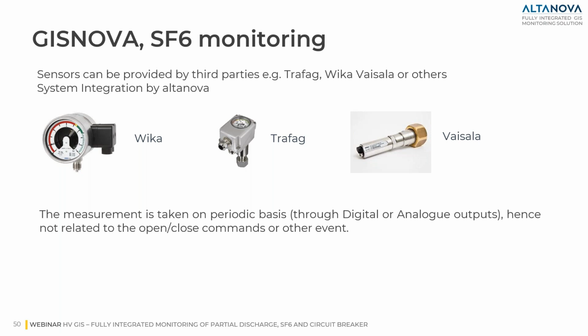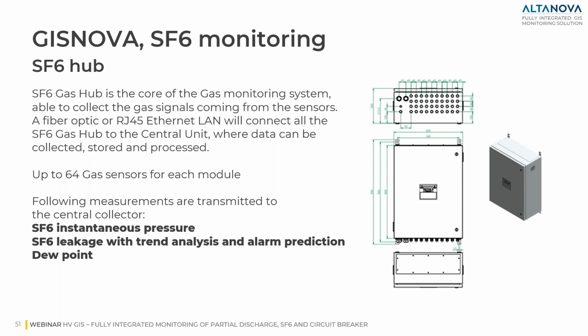In this case, the measurement is not similar to the discussion we had with the circuit breaker, but is taken on a periodic basis after a few tens of seconds or every some minutes. So in this case, not related to an open or a close command or an event. In this case, we can create trends, for example.